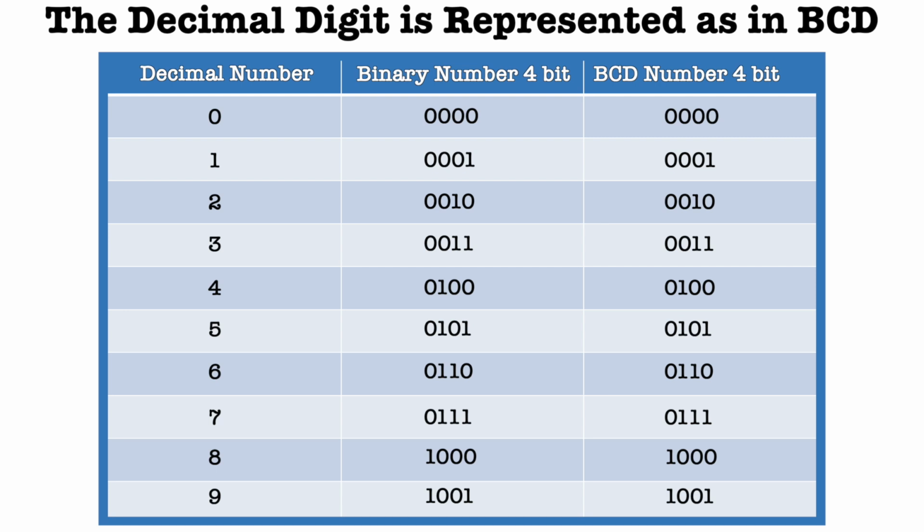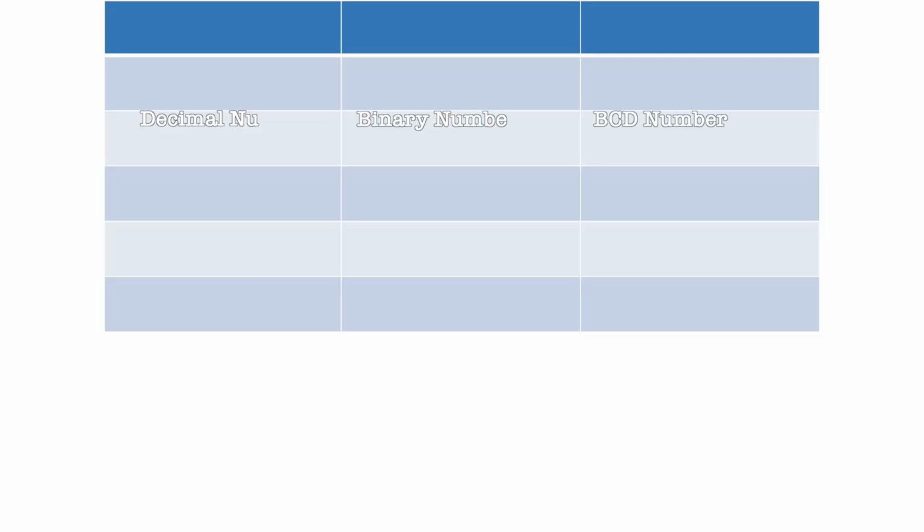And the representation is in 4-bit binary numbers, right? So for 0 to 9, binary numbers and BCD numbers are the same in the form of 4 bits. After 9, in BCD, 10 is represented by 8 bits. You can see in the table the binary number of 10 is represented by 1010, right?